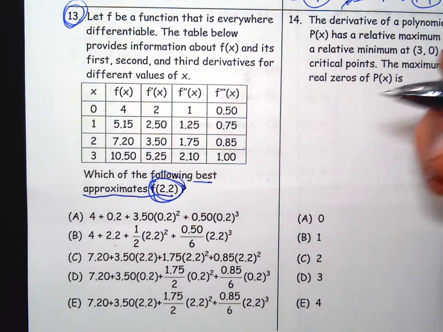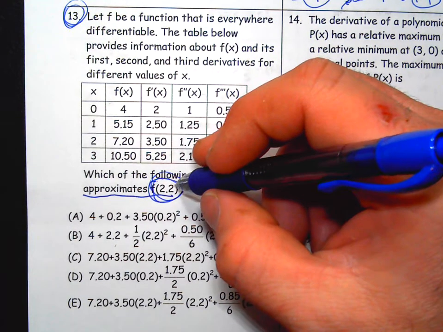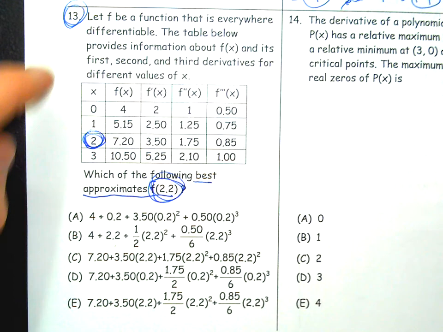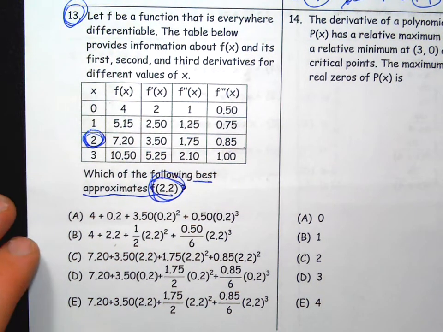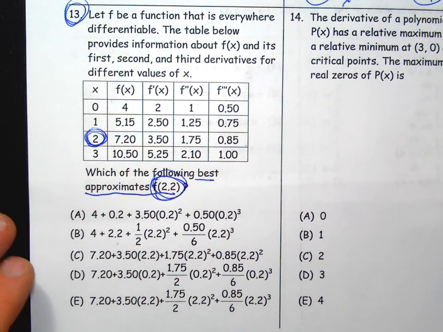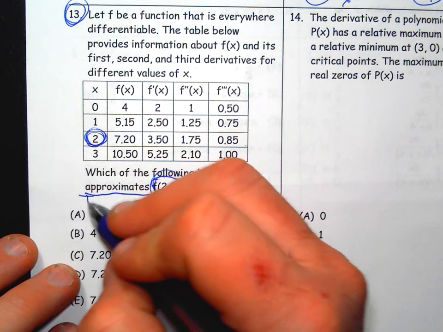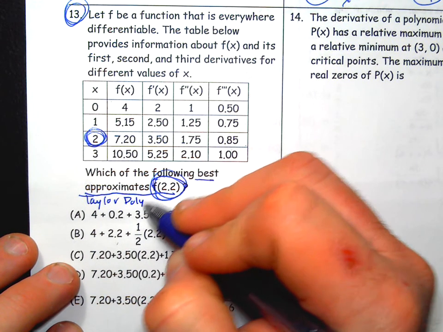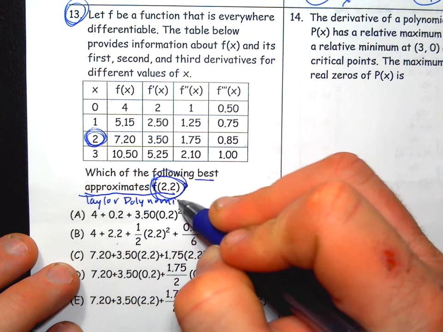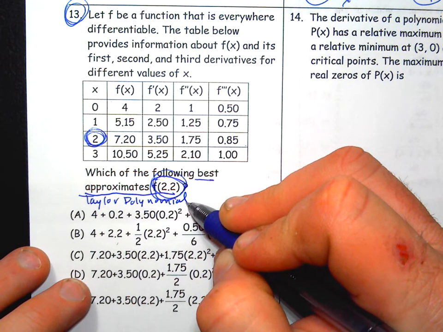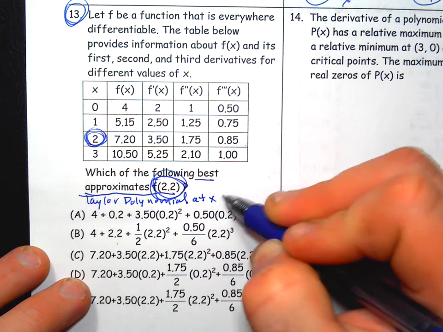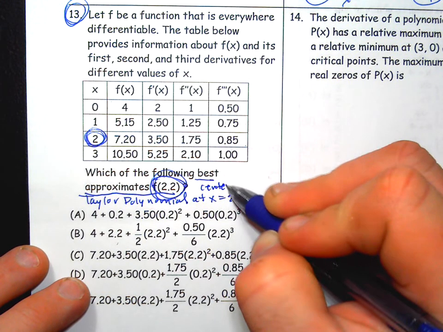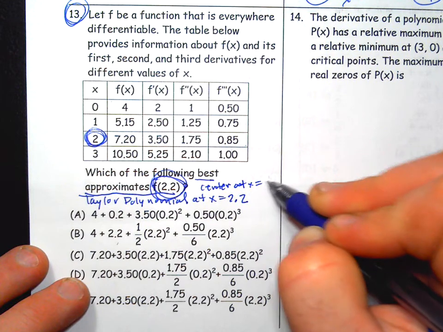So if you know you're going to calculate a certain value, then it might be better to use the closest value that we have information on as the center. So it might be best to do a Taylor polynomial, and we're going to evaluate it at x equals 2.2, but let's choose the best center. Let's do the center at x equals 2.